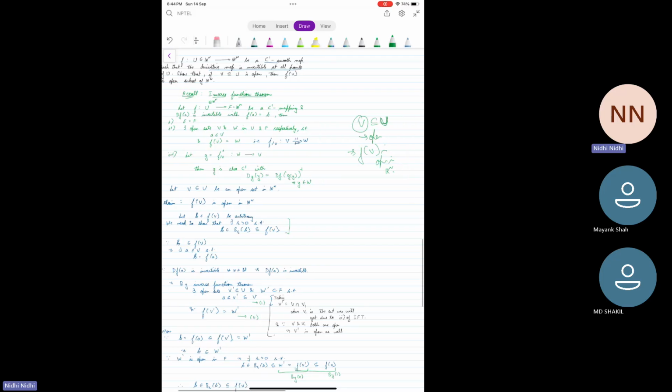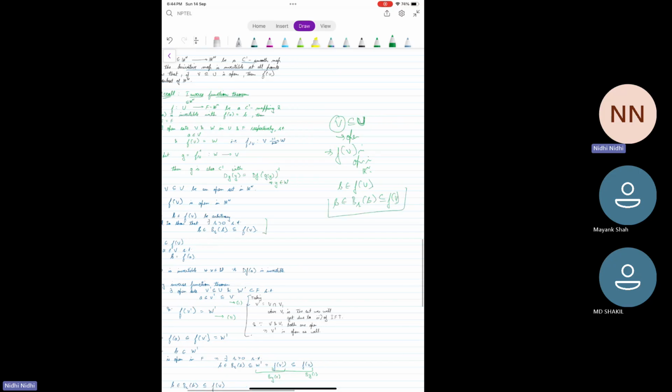So for that, we started with some arbitrary point in FV, and then we need to show that there exists an open ball BRB, which is contained in FV. So that's what we prove in order to show that some set is open. So our aim was to show this.